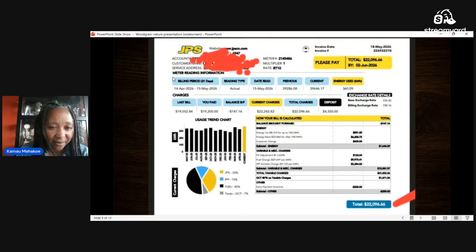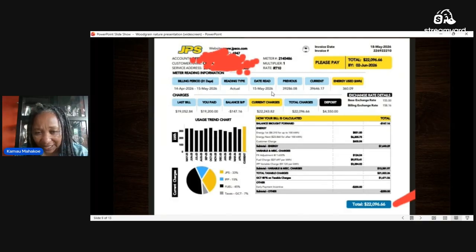So right here, this is going to tell you about the meter, how they read the meter, right? And this is so that JPS can know how much electricity you have used, and they will charge you accordingly. So the period is here, and then they have the reading type, which is the actual reading, not an estimate.